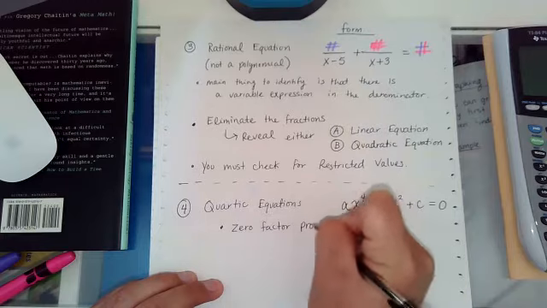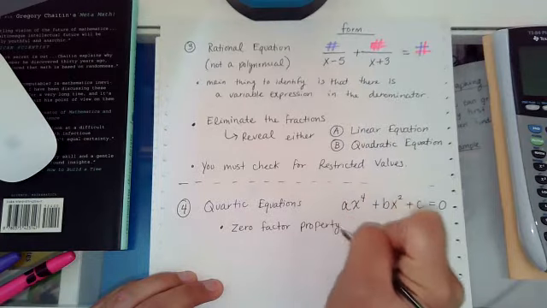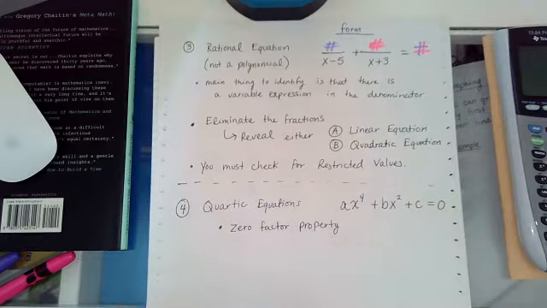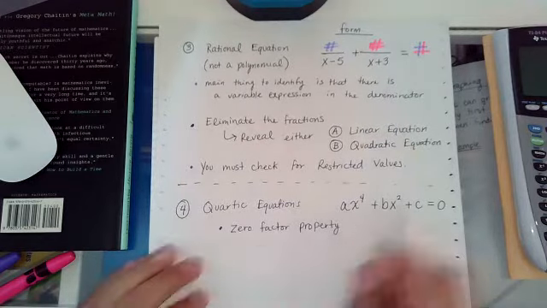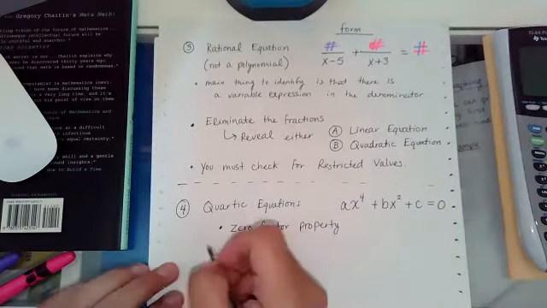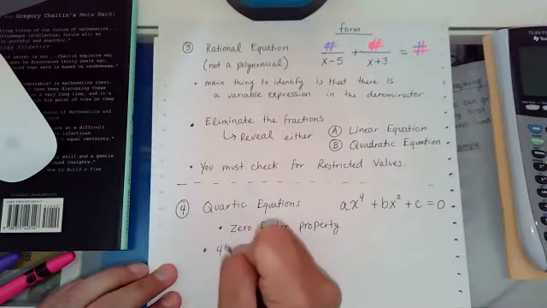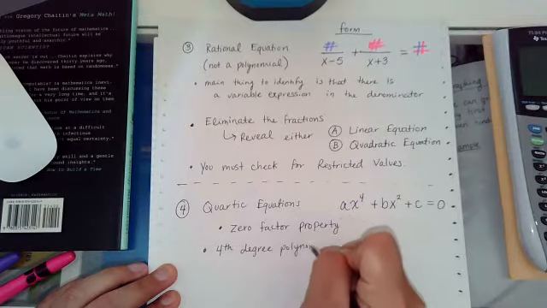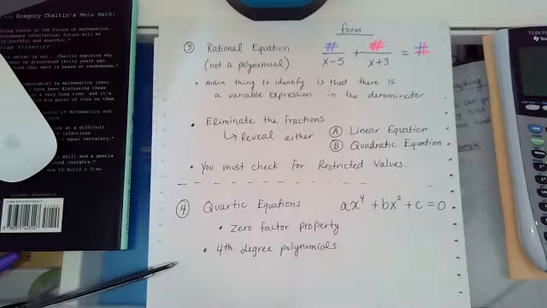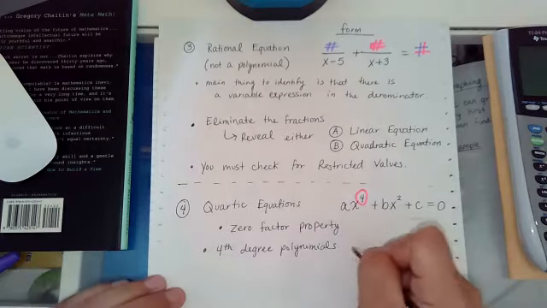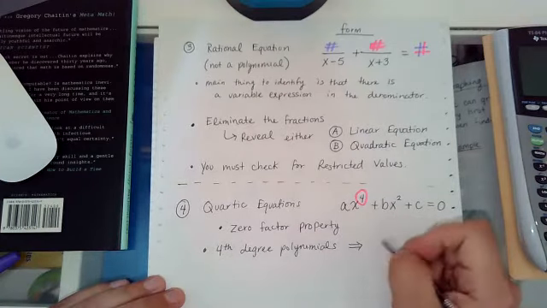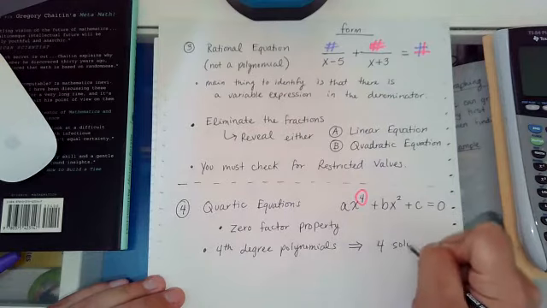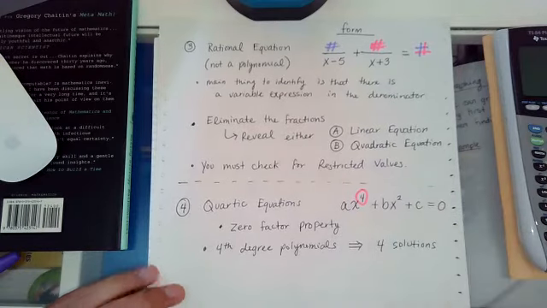So it won't be too terrible. It'll be very similar to solving a quadratic equation. But these are 4th degree polynomials, as indicated by the highest exponent here, which tells you that you're actually going to get 4 solutions. So that's going to be fun.